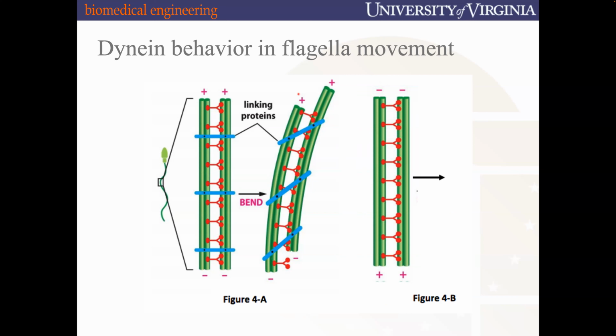And so this causes a bending. And then the other one can move and it can do that in similar ways. So for these structures, there are many of these duplicate pairs of tubulin tracks with these dyneins in between them. And so the bending of these can facilitate the overall movement when it's coordinated.